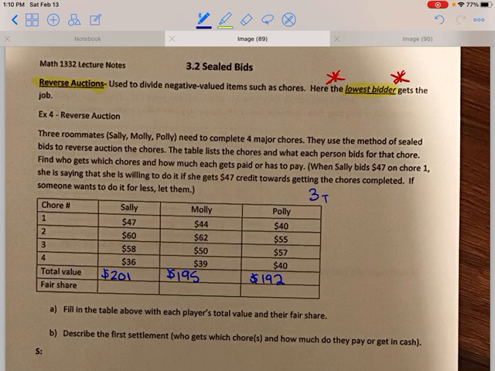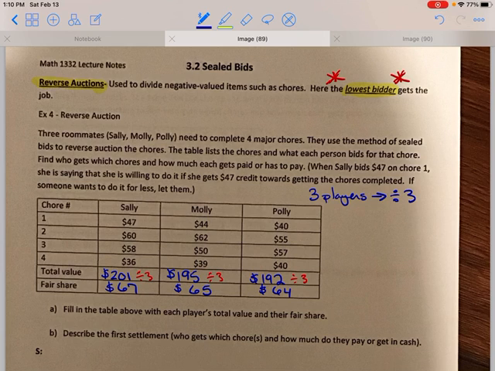Now we have 3 players, which means we are going to divide by 3 to get each fair share. And that comes out to be 67 for Sally, 65 for Molly, and 64 for Polly.